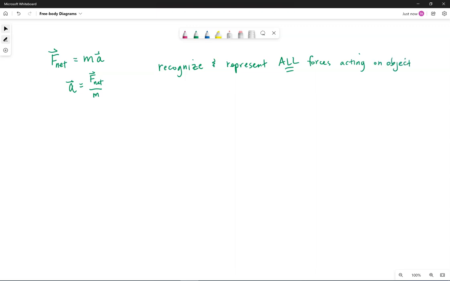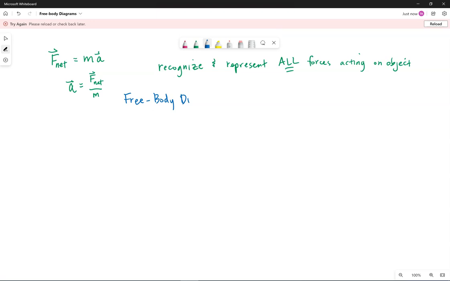To help us and aid us in problems, we use and draw what's called a free body diagram. We often abbreviate this as FBD just to talk about it and make it simpler to write out.